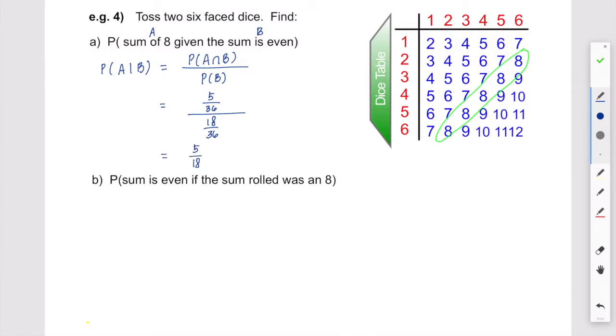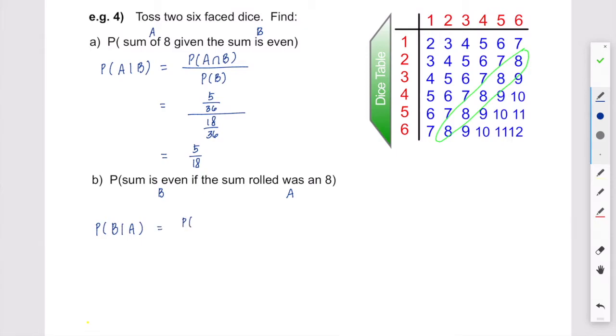Part B. Find the probability the sum is even if the sum rolled was an 8. This time, we're going to use the same letters A and B to represent the same events, but we're really dealing with P of B given A. So we're switching the condition, right? We're looking for an even sum, knowing that we rolled an 8.